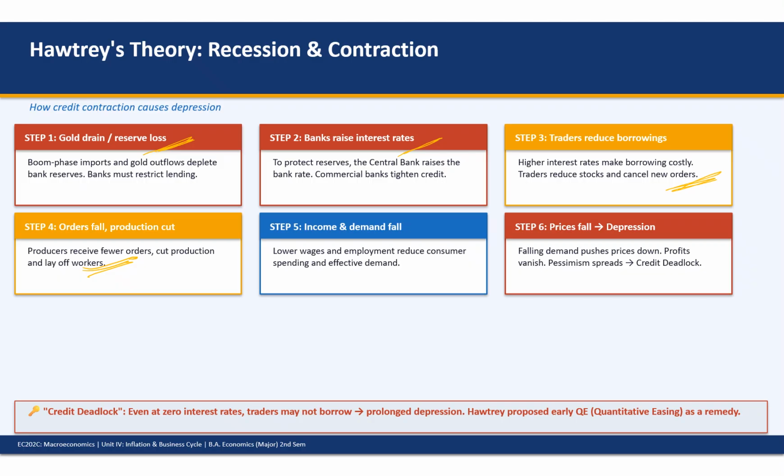As production falls, firms lay off workers, and lower employment means lower wages, and this leads to lower consumer spending, so lower effective demand.